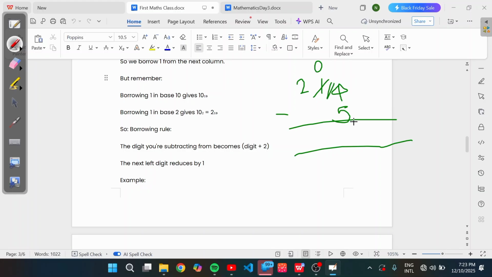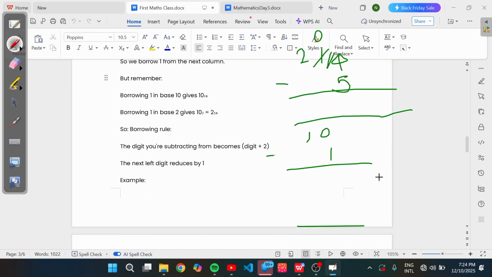It's exactly the same way in base 2, but with a twist. So in base 2, if you have something like maybe 1 0 minus 1, right?